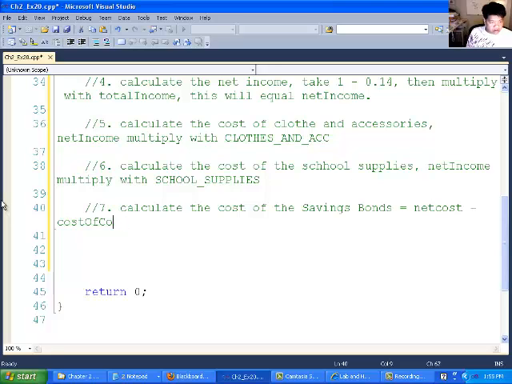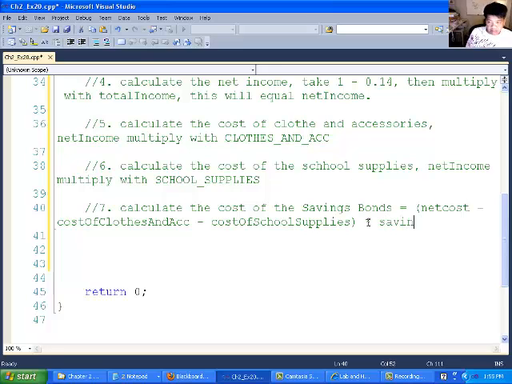All of this needs to be in parentheses, which you do first. Then you multiply that with your savings bonds.